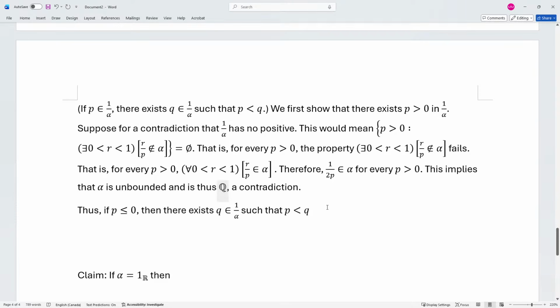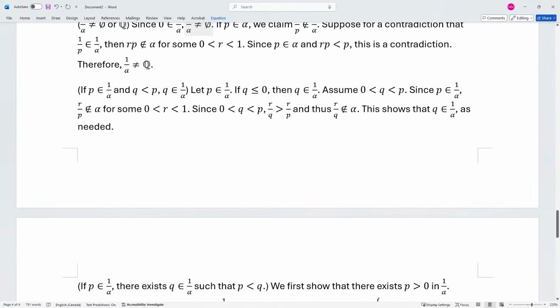So that's it. This is trivial, because we showed that there is something positive. If p is less than or equal to 0, then because there is something positive, p is automatically less than that positive thing.